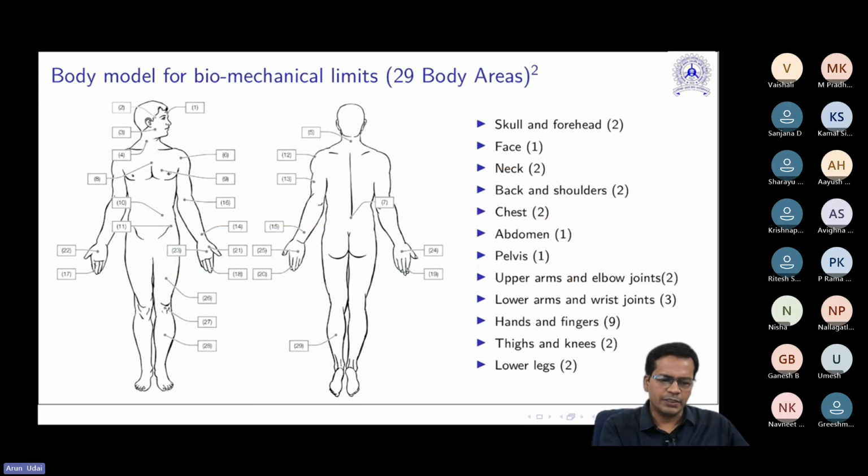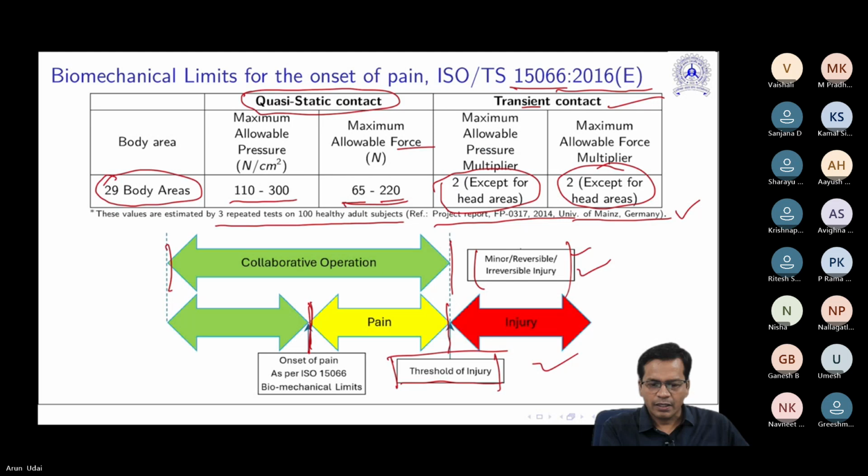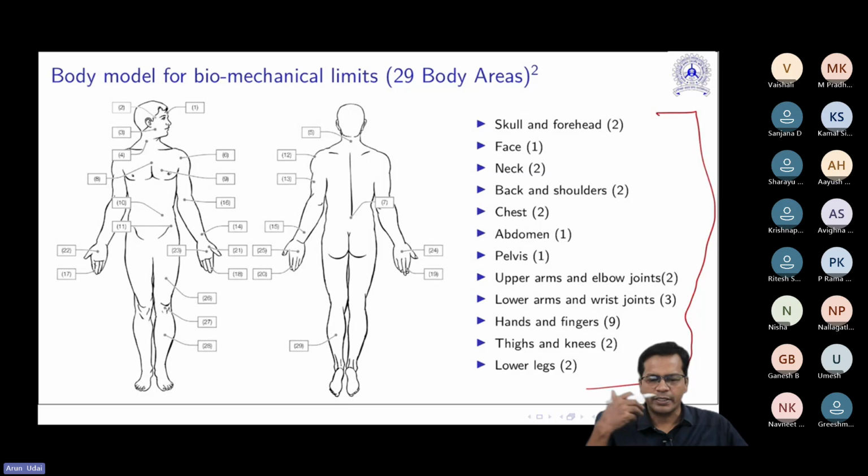So these are different body areas which were studied and put into 15066. That excludes head areas. So no experiments were done on head areas, head and forehead and skull area. Again, two points are there: face, neck, shoulder, chest, abdomen, pelvis.